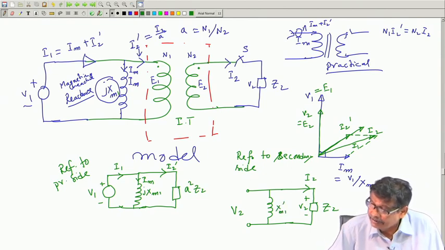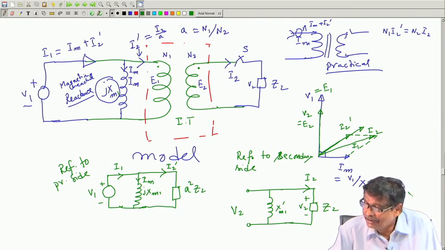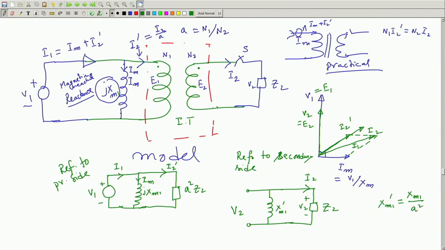What is X m 1 dashed? It will be X m 1 by A square. And what is this V 2? V 1 by A. So this is the equivalent circuit referred to the secondary side.